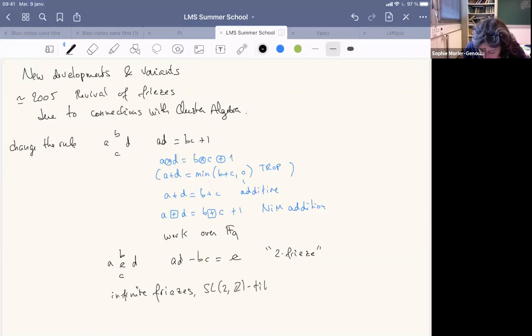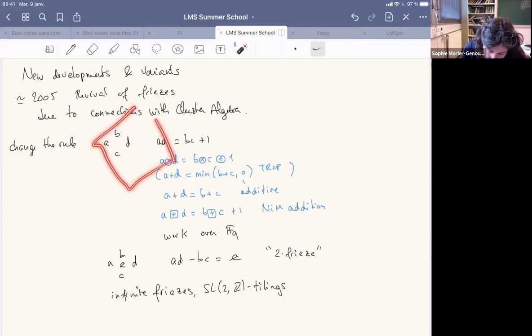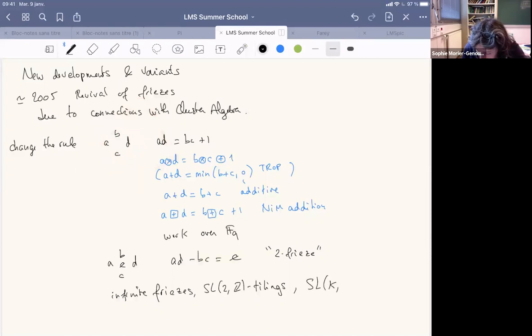So I'm just writing keywords of things that have been studied recently. And of course, you can also extend this rule. Here we want that these 2x2 matrices in the array have determinant 1, but you can take bigger squares, and then you can go to the notion of SLk frieze.